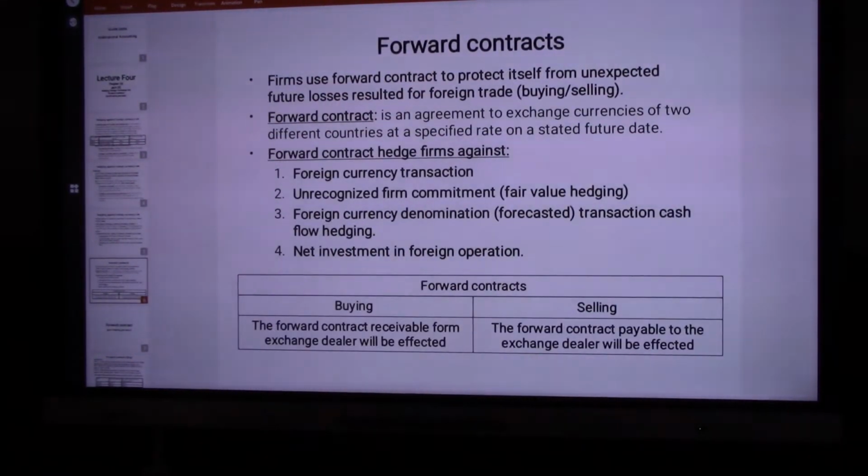Okay? طب لو أنا بتكلم مع forward contract, the firm uses a forward contract to hedge itself. A forward contract is an agreement to exchange currency of two different countries at a specified rate on a stated date of future transaction هيحصل بين الفيرم وبين الديلر at specified rate اللي هو اللوك برايس اللي احنا اتحكمنا فيه ساعة date of contract.